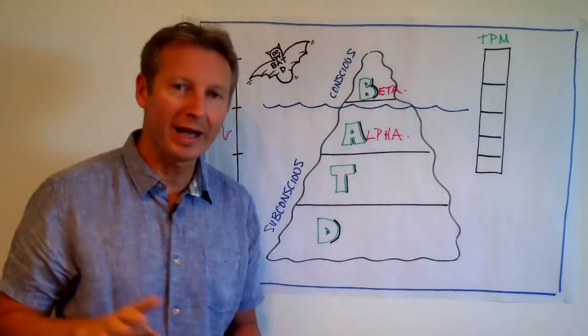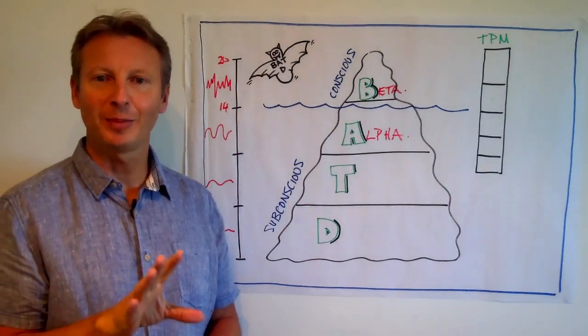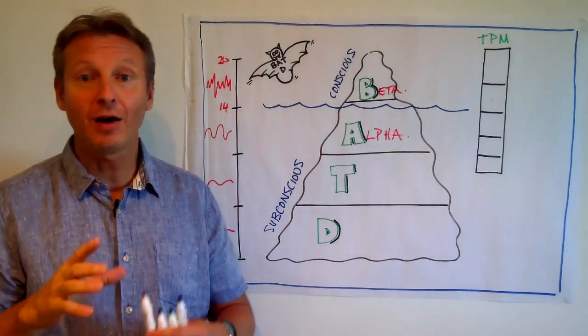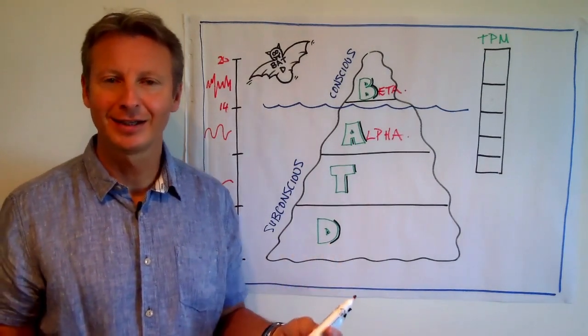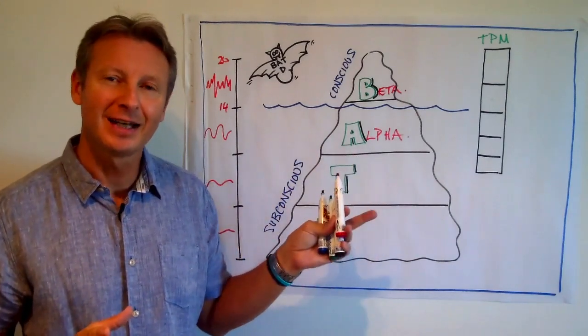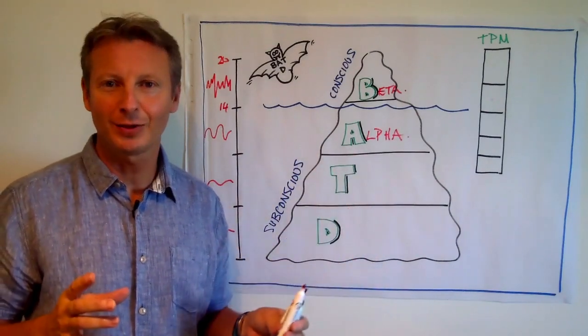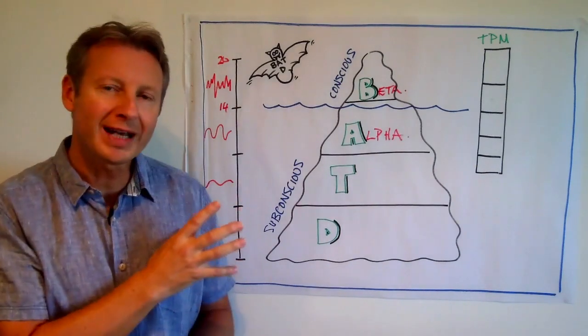And alpha is where we just begin to slow down that little bit. We still are aware, but it's like an expanded awareness. This is where we begin to relax, where we begin to visualize. It's the place of creativity.